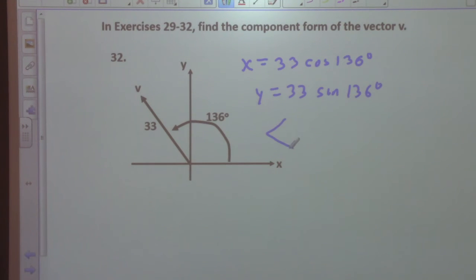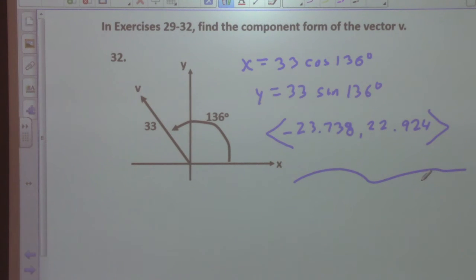And it's negative 23.738. Then y is 22.924. Okay. Does that look right? Okay, good.